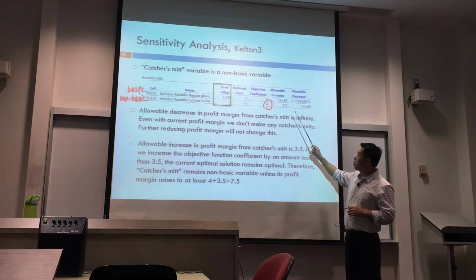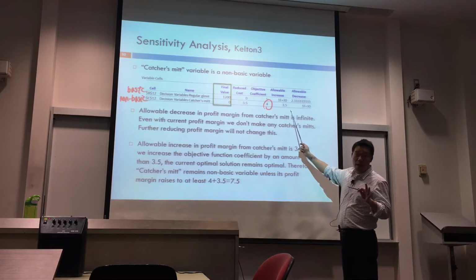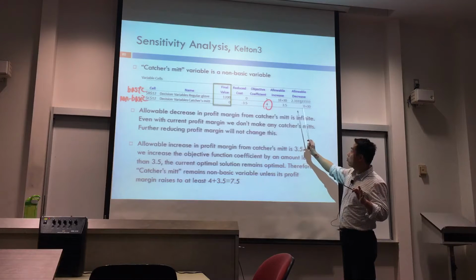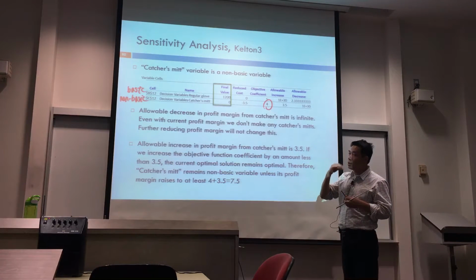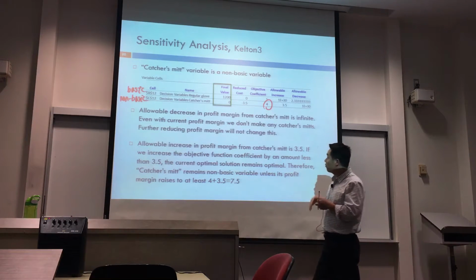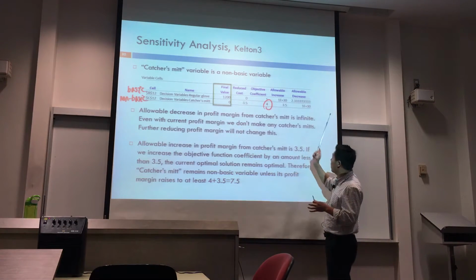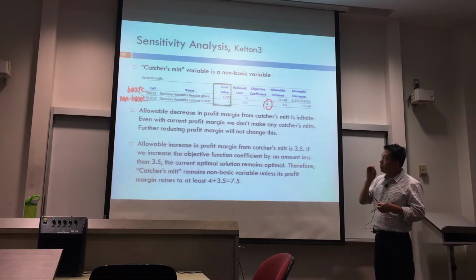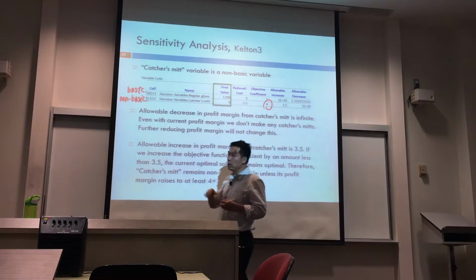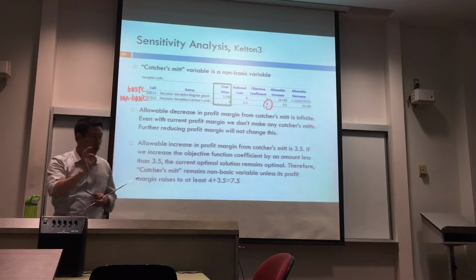If the increase is within 3.5, then the profit margin is still low, and the final value is still going to be 0. So this range of optimality means within this range, the final value is going to stay at 0.